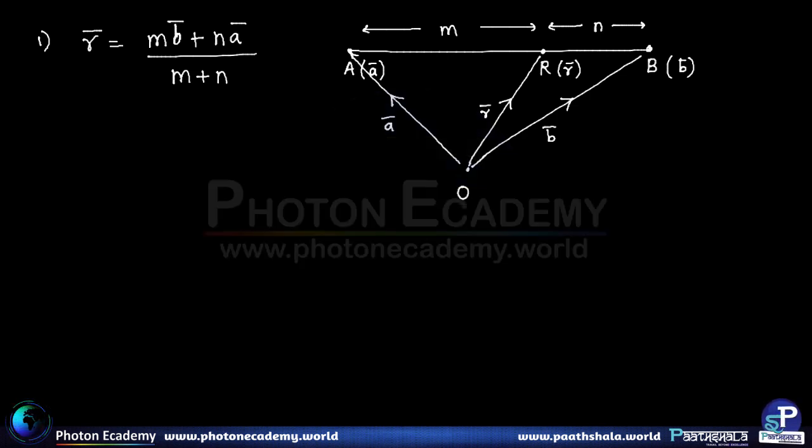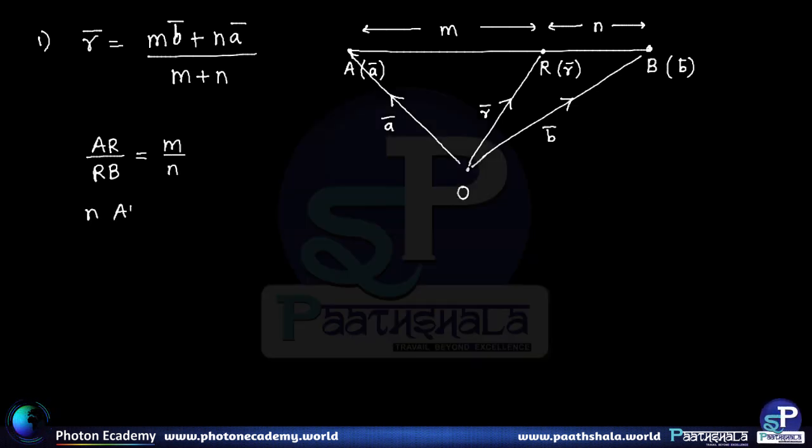Okay, so now clearly what we have is the ratio of AR is to RB, that is m:n, right? So therefore we can write n times the vector AR. Now if you consider the vector AR, then by cross multiplying we get n times AR must be equal to m times RB, right?